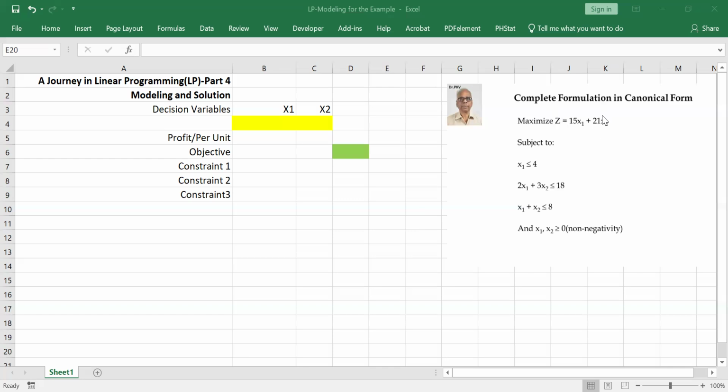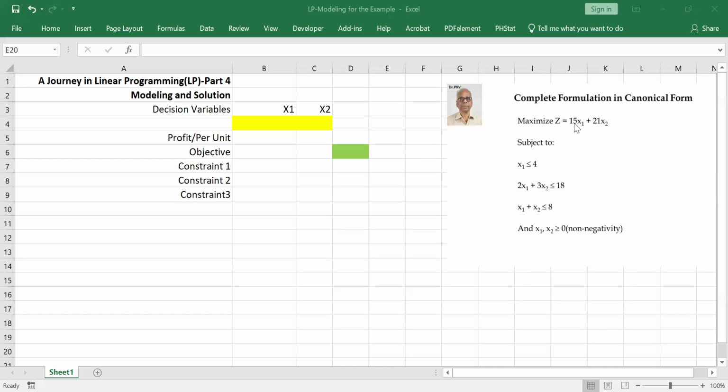Maximize Z is equal to 15x1 plus 21x2 subject to x1 less than or equal to 4, 2x1 plus 3x2 less than or equal to 18, x1 plus x2 less than or equal to 8, and x1, x2 greater than or equal to 0, non-negativity.